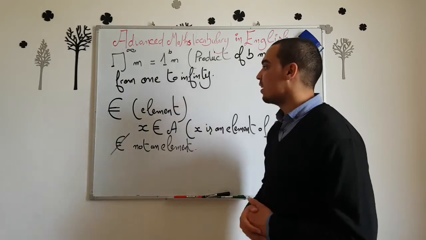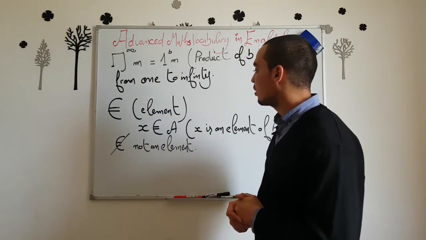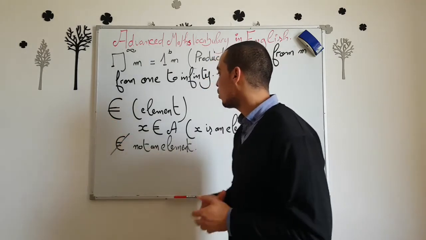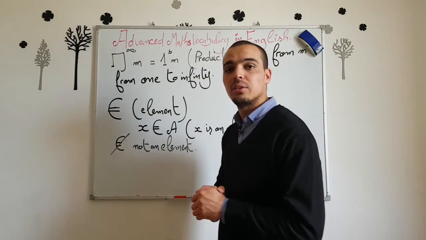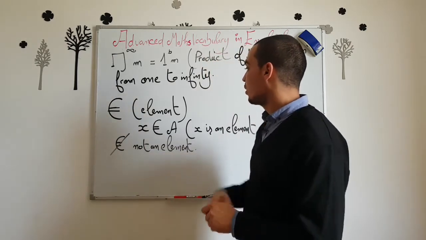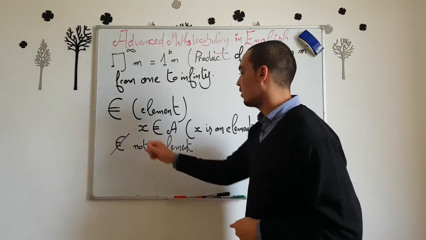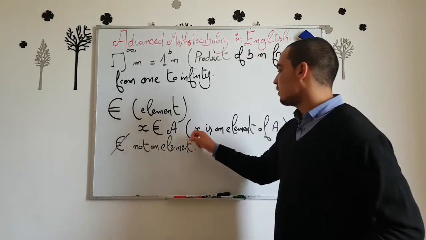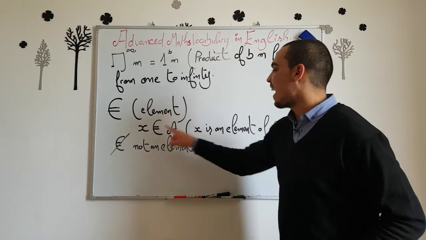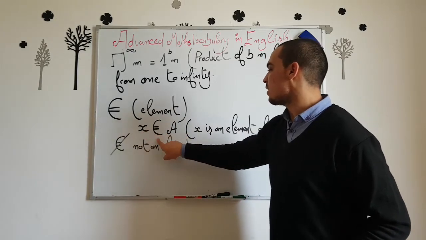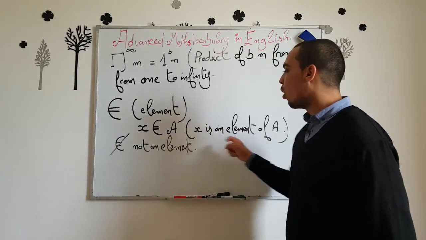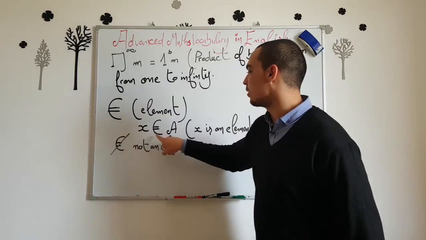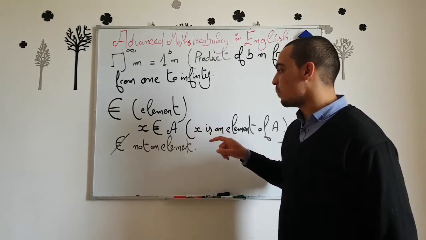Moving to the next symbol that you will also find, we have this symbol, which is element, or part of, okay? In the provided example, x is an element of a.